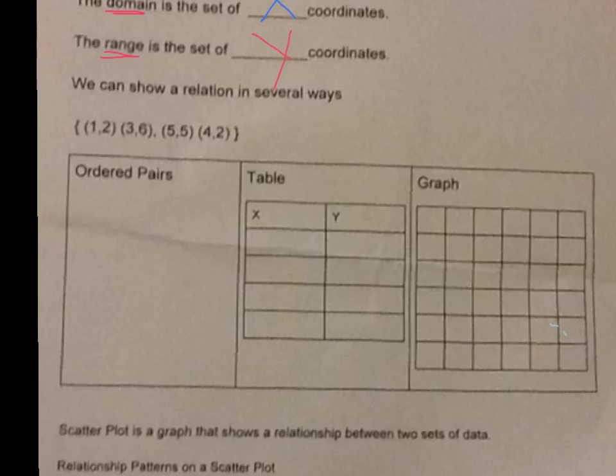Now I'm going to make my sets of ordered pairs. If you look right here, you can see that I have my relation, or all of my ordered pairs, right here. So I have 1, 2, 3, 6, 5, 5, and 4, 2. I'm going to now list these out as ordered pairs. So this is my set, or my relation, and I'm going to set these out as ordered pairs.